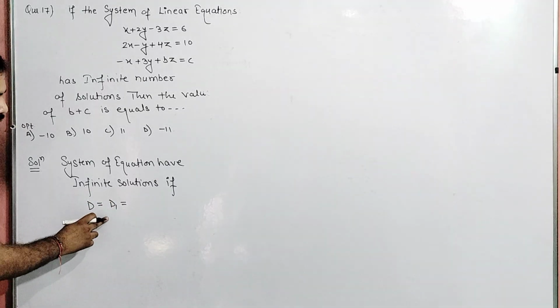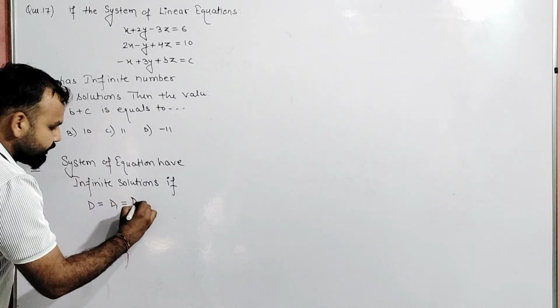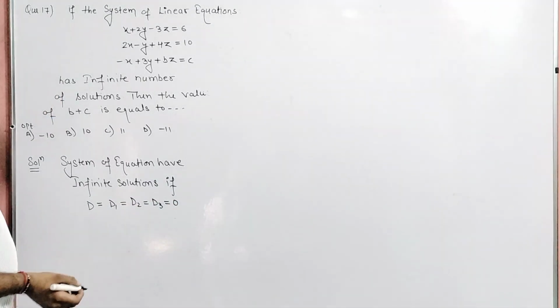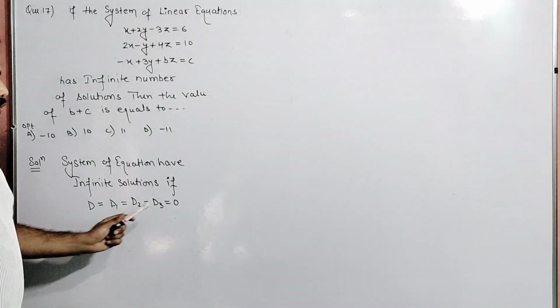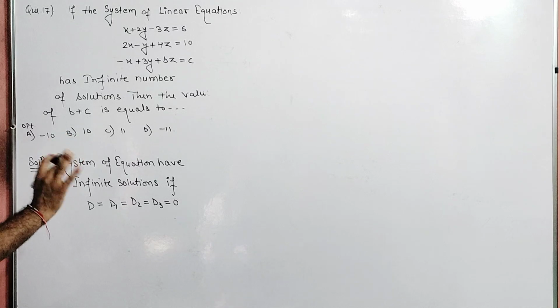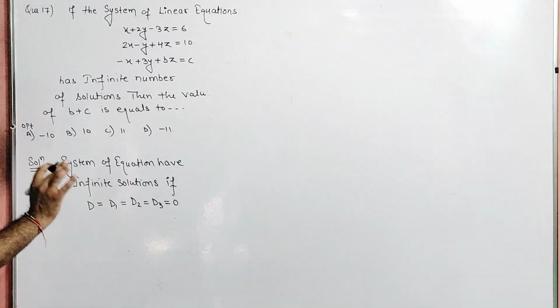I will define for you what D, D1, D2 and D3 are. If these all are equal to 0. What is D, D1, D2, D3?